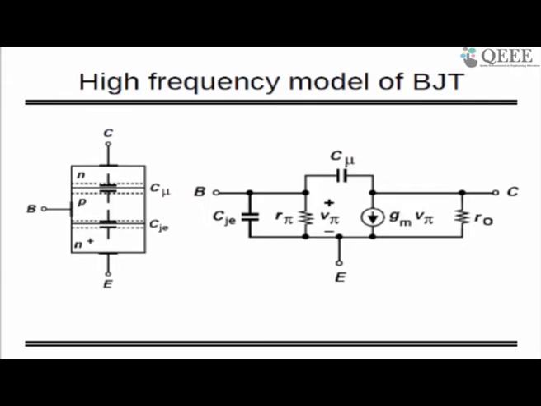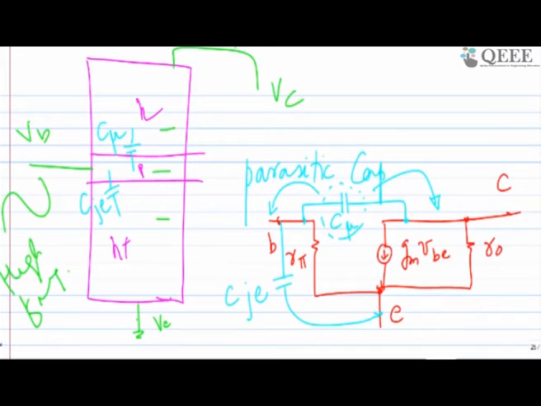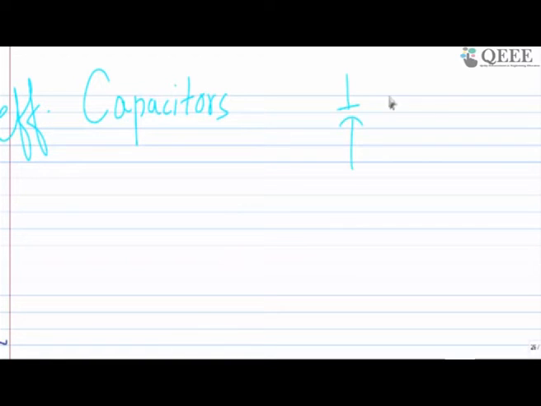Yeah, this may be sufficient, and other things are not possible to cover, but this will give you insight on how to proceed with the high frequency model, and how to find out the poles. So one more thing I am going to tell you, because it's very important and it's going to be very useful. In any circuit, if you are seeing capacitors, I mean effective capacitors, not like there is one capacitor here and one capacitor here in parallel.